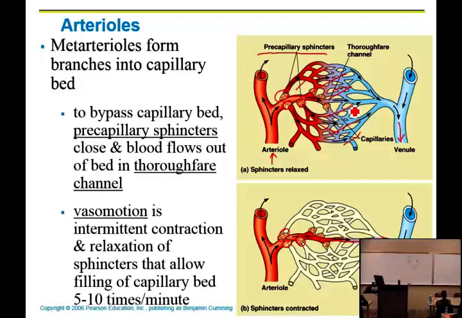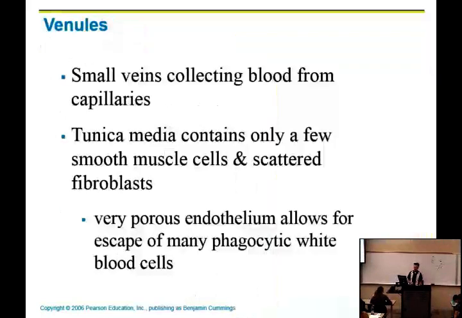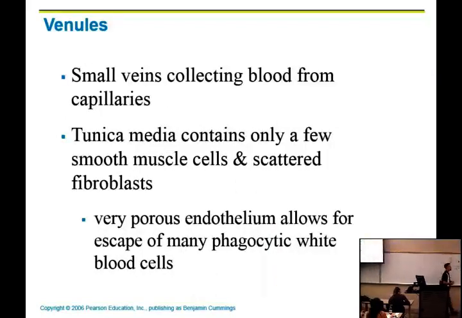This is called vasomotion, where we're routing the fluid through and then cutting it back, and routing it through and cutting it back, or leaving it open because it's an especially active tissue. So there's a lot of control that we can do at these different places where we have smooth muscle, okay?